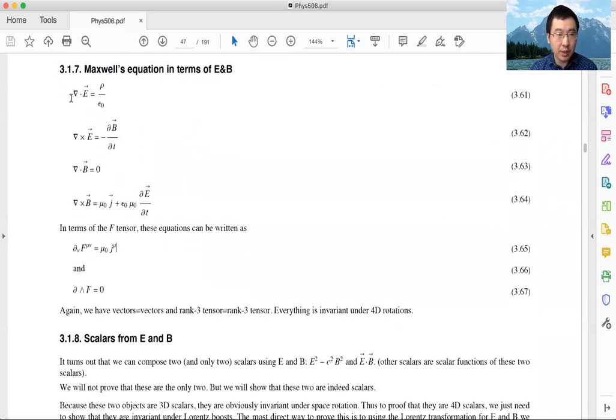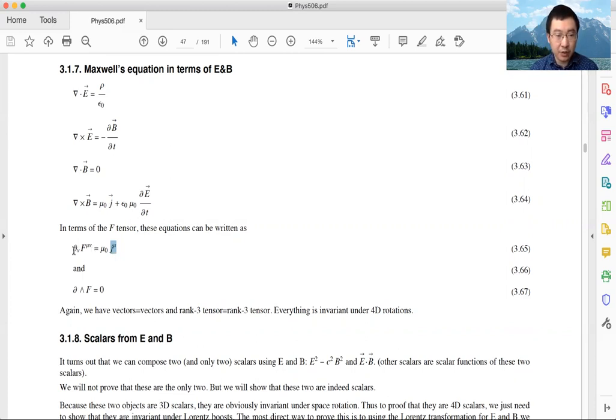So on the left-hand side, we have the derivative of F, which means derivative of E and B. On the right-hand side, we have some physics constants, mu0, epsilon 0, and the charge density and the charge current. We know that charge density and the charge current also form a 4D vector, which is our 4D current density vector. Okay, and we called it J, as we defined earlier.